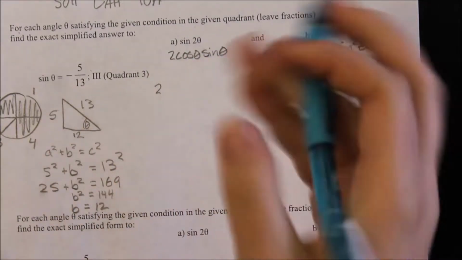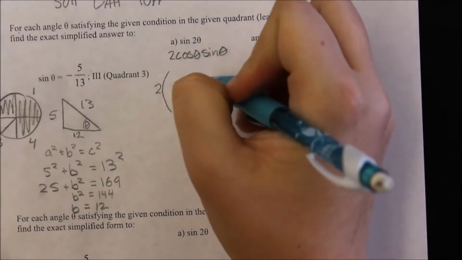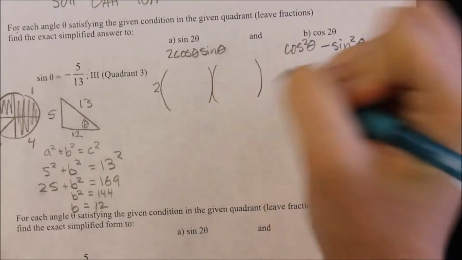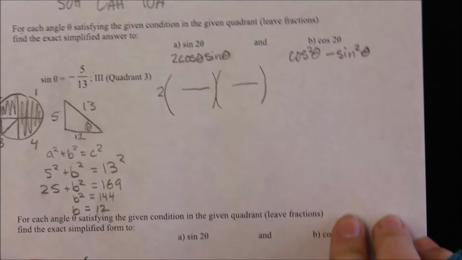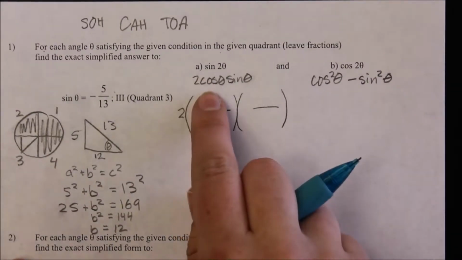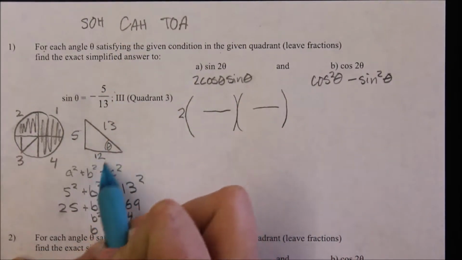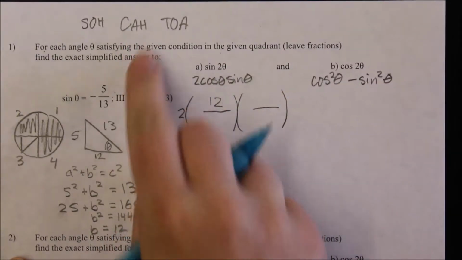Our cosine was not given to us, so we need to find it, using the SOHCAHTOA that we wrote above, with the information we just found. I set it up like this because they're going to be fractions. Our cosine is adjacent over hypotenuse, and on our triangle, our adjacent is 12 over 13.